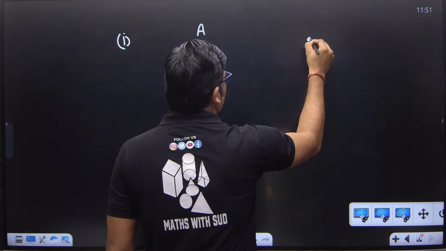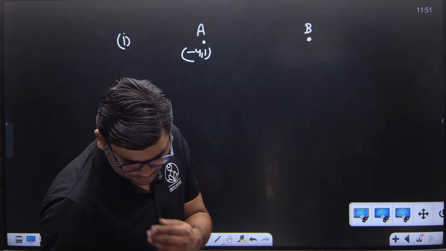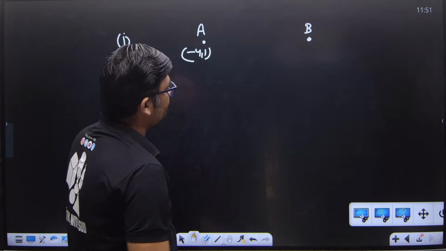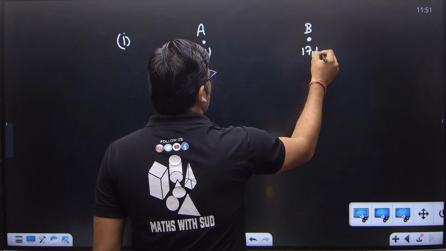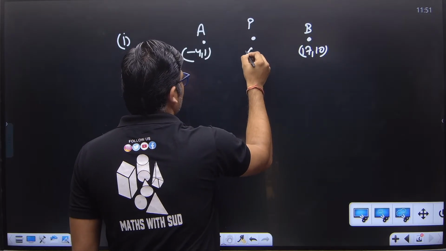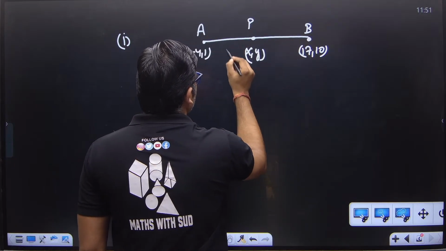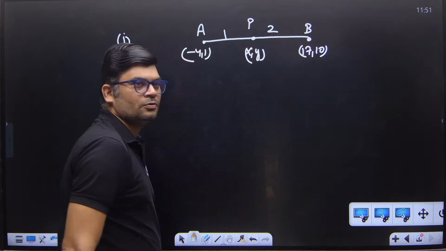And then there is a point B whose coordinate is given as 17 comma 10. And then there is a point in between which is P. Let us suppose whose coordinate is x comma y, but it is dividing in the ratio 1 is to 2.